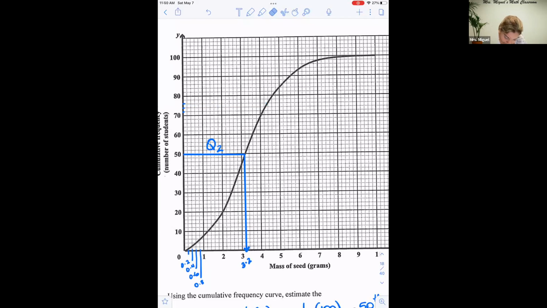And my line I'm drawing straight here. So as straight as you can, draw the line across and come downward. This is Q3.